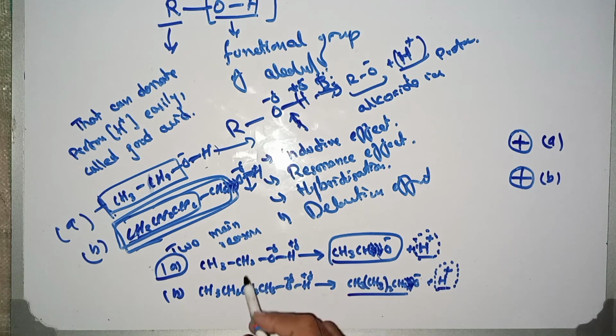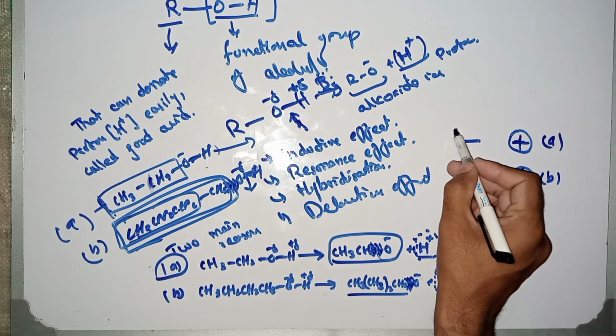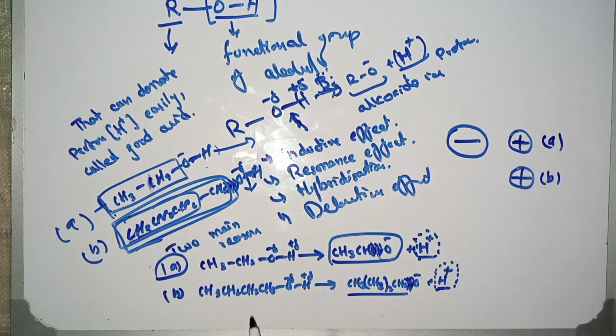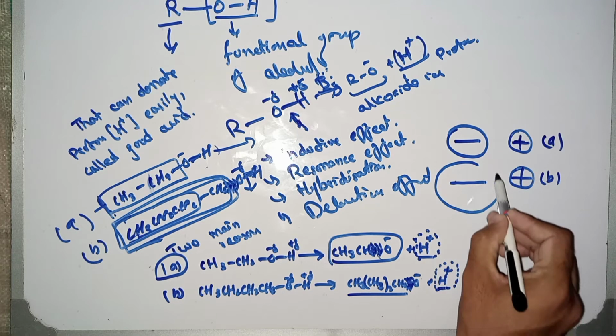Let's assume that the electron density on the oxygen of the ethoxide ion will be like this, and we know that the electron density on the oxygen in butoxide ion will be much greater as compared to the ethoxide ion. So let's suppose this will be greater than this one.